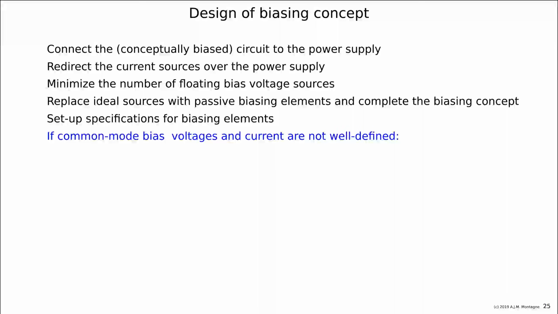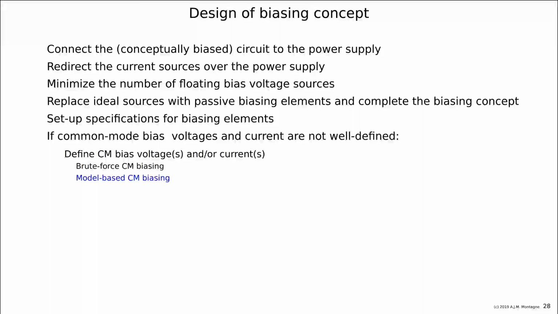But if the common mode bias voltages and currents are not well defined, we need to define them. So we need to define those biases and currents with, for example, brute force biasing, in that case just tying common mode voltages to some node with an impedance. We can do model-based common mode biasing, like we can do model-based differential mode biasing, as we have discussed already.